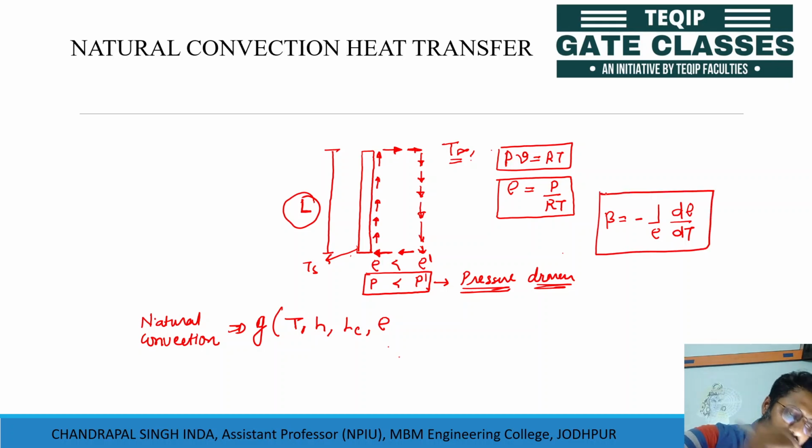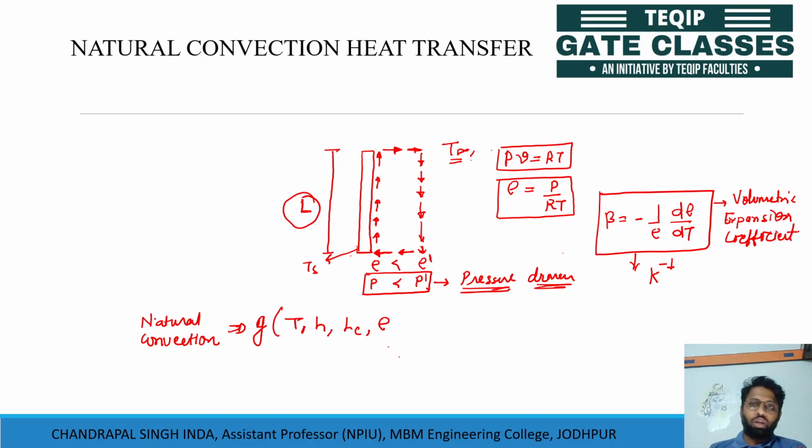Beta is equal to 1 by rho, d rho by dT, which is known as the volumetric expansion coefficient, or volume coefficient of thermal expansion, having a unit Kelvin inverse. So beta will be there.